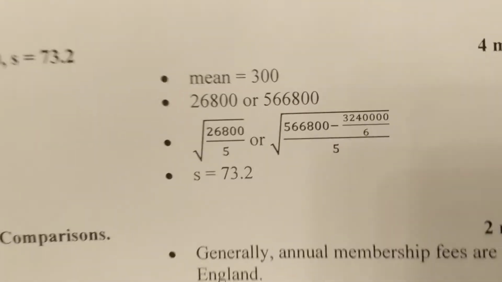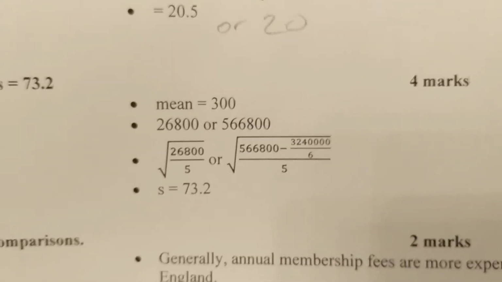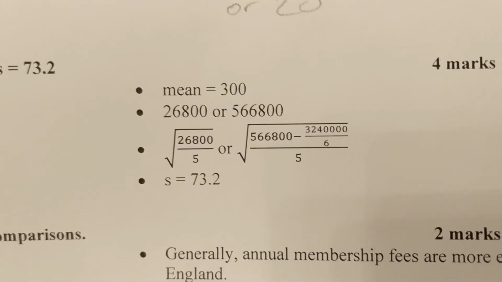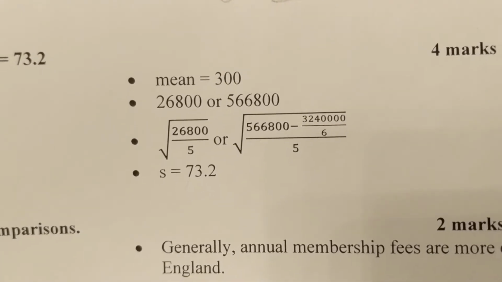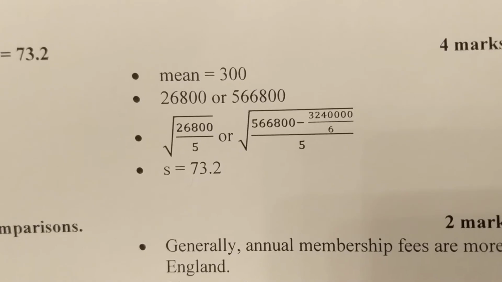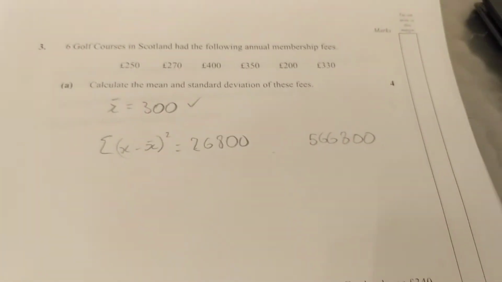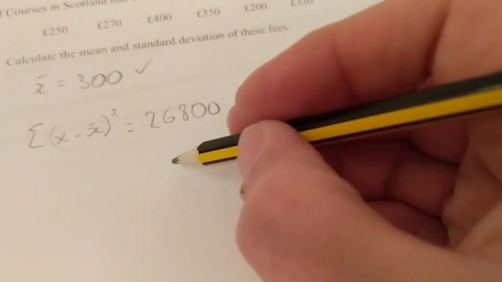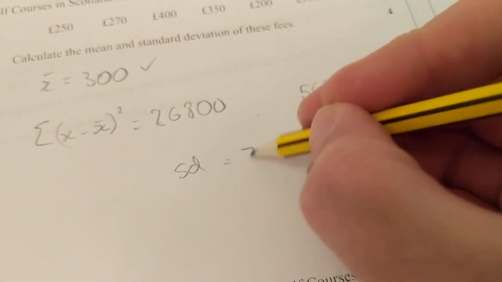But if you see either of those 2 formulas there, the root of 26,800 over 5, or the slightly larger one, if you had either of those 2 down, you got mark 3. Those 2 formulas, whatever one you were using, would end up leading you to an answer of your standard deviation being 73.2.